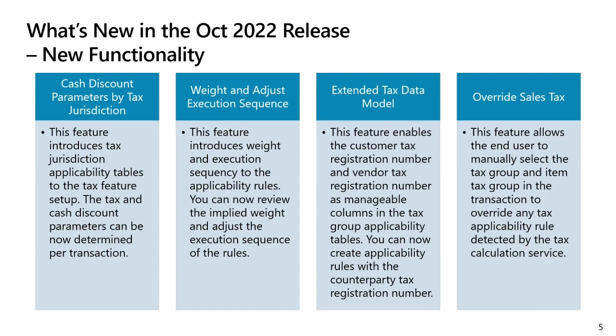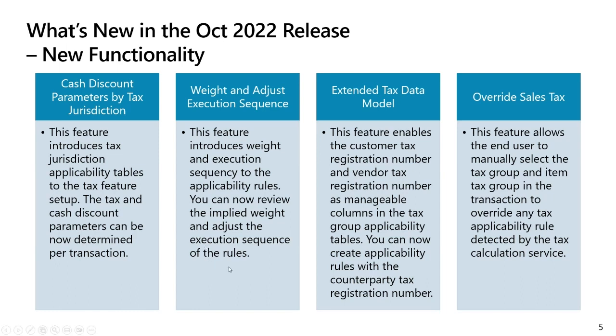This feature allows the user to define tax jurisdiction for each transaction and then set the cash discount parameter differently for each jurisdiction so that the service can calculate the cash discount following different tax regulation of different countries within the same legal entity.